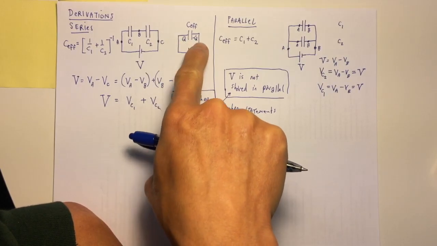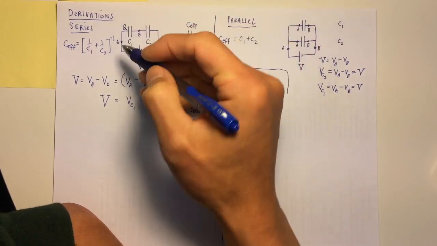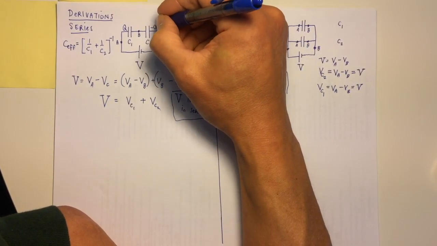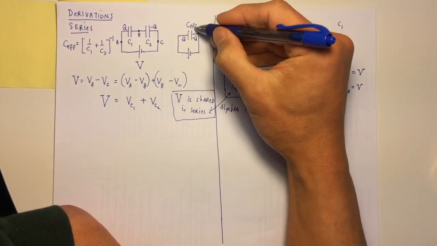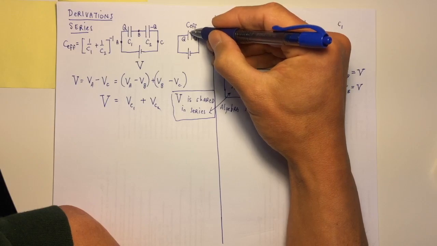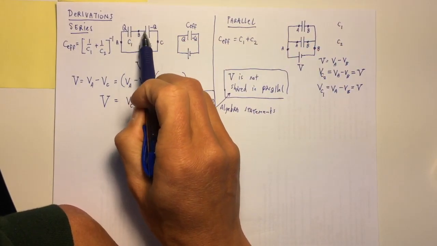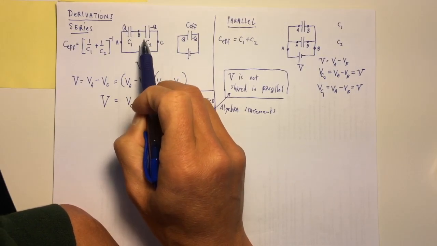Those charges are exactly the same charges that show up on the left plate of C1 and the right plate of C2. In between the two capacitor plates of the effective capacitor is this other stuff right here, which is the right plate of C1 and the left plate of C2.